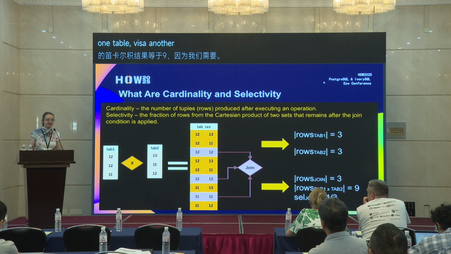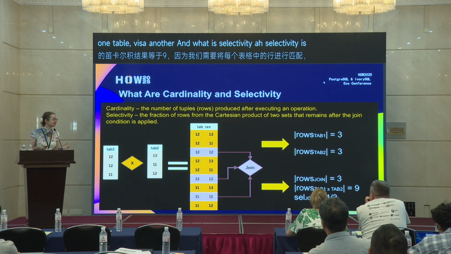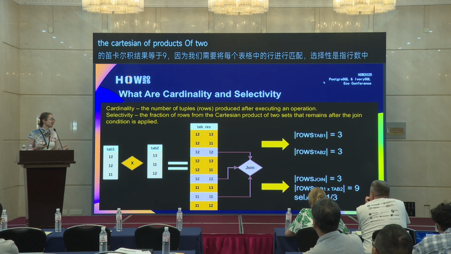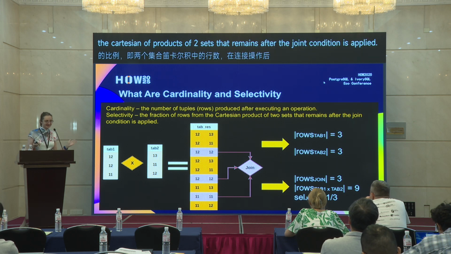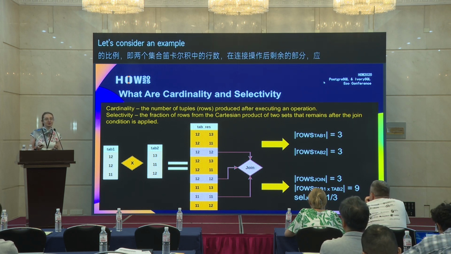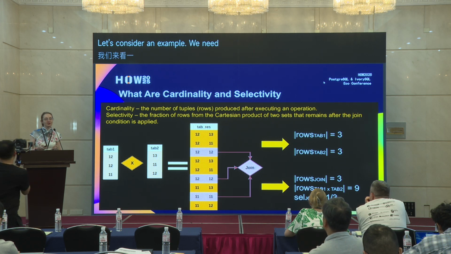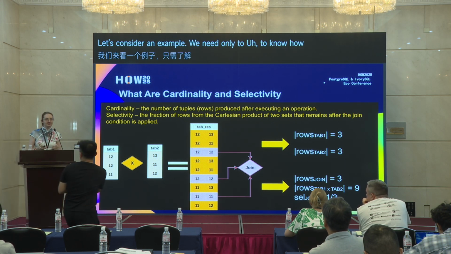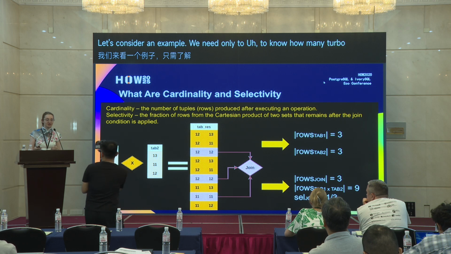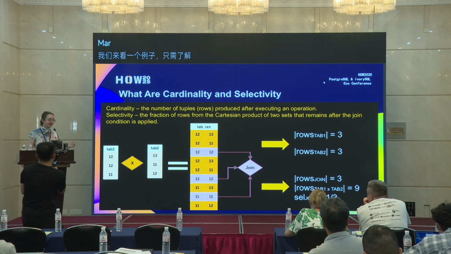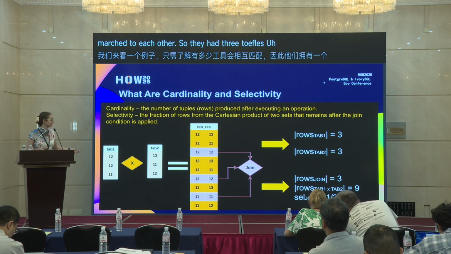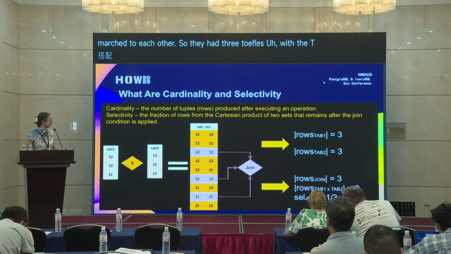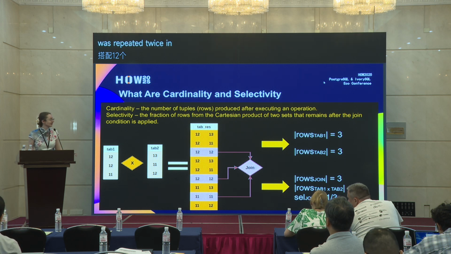And what is selectivity? Selectivity is the fraction of rows from the Cartesian product of two sets that remains after the join condition is applied. Let's consider an example. We only need to know how many tuples will be matched to each other. There are 3 tuples, with 12 repeated twice in table 1, and 11.